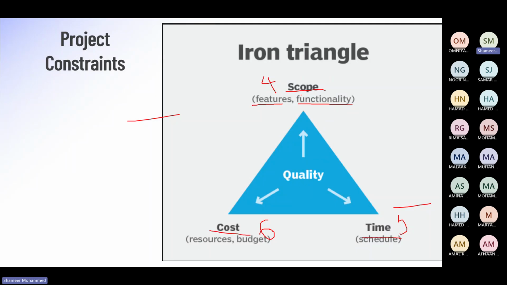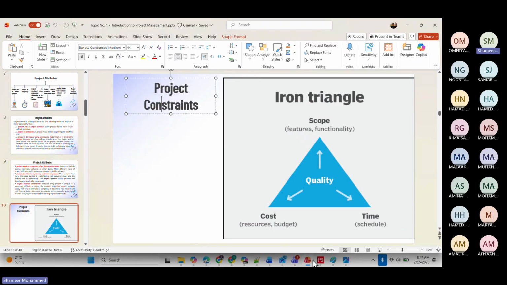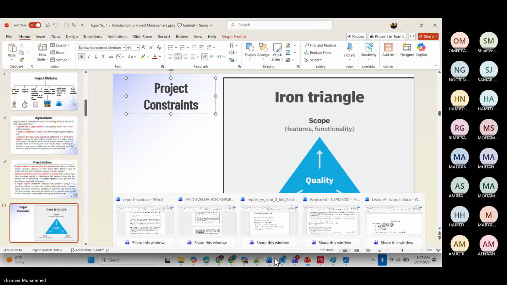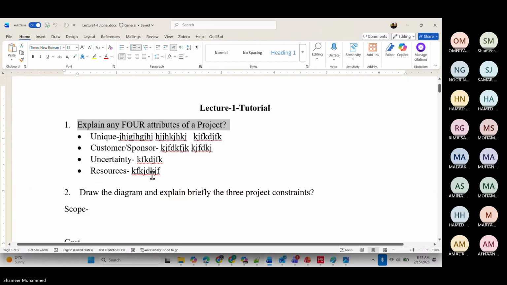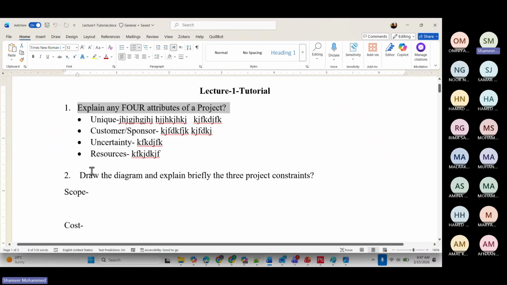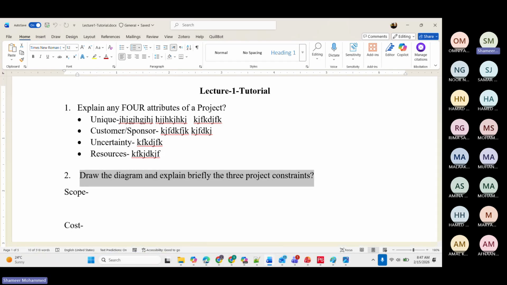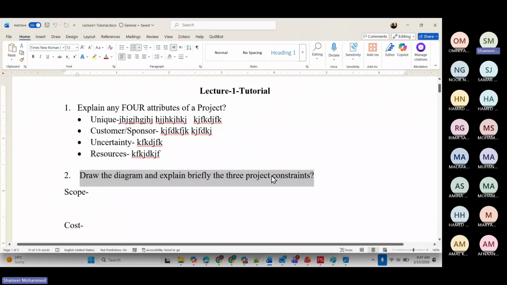These three things are called the iron triangle or three sphere model. So in some slides, see here, you have this one. Sometimes they will ask the question like this: draw the diagram and explain the three project constraints.